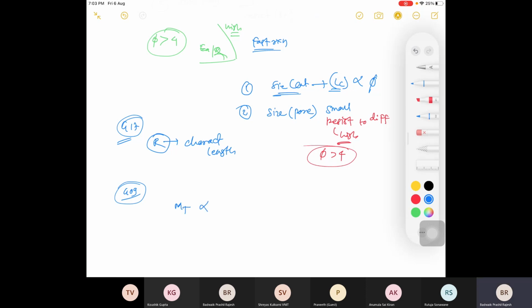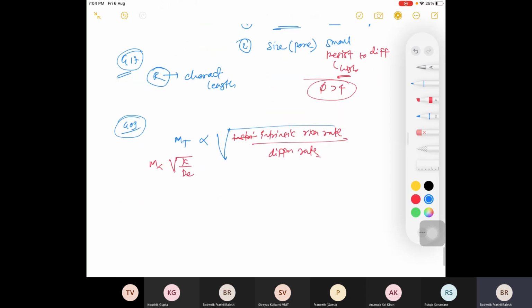Thiele modulus is directly proportional to intrinsic rate of reaction divided by diffusion rate, because you know Thiele modulus is directly proportional to K by D. So it will be intrinsic rate of reaction. Just the name is changed. Instead of reaction rate, he has asked intrinsic reaction rate divided by diffusion rate, right?